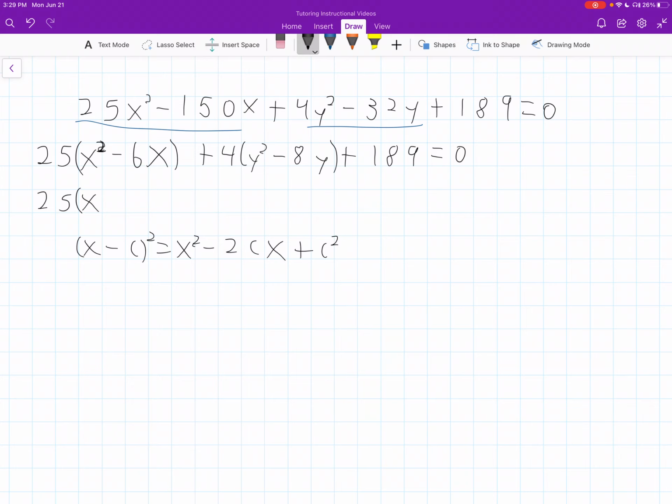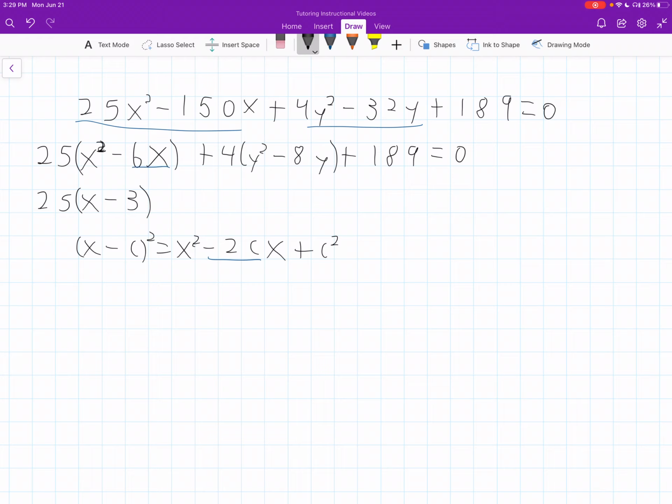And so we essentially see that the middle term, or the x term, I should say, is doubled. So if we want to get negative 6x, we need to pick c equals 3 clearly. That way our x term will come out to minus 2 times 3x, or minus 6x, as we have up here.